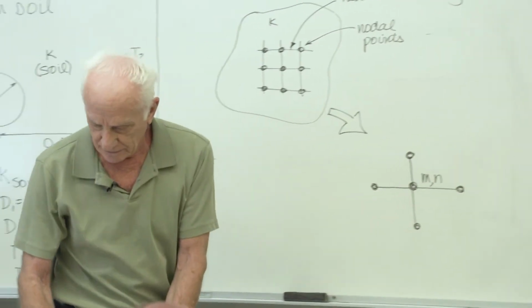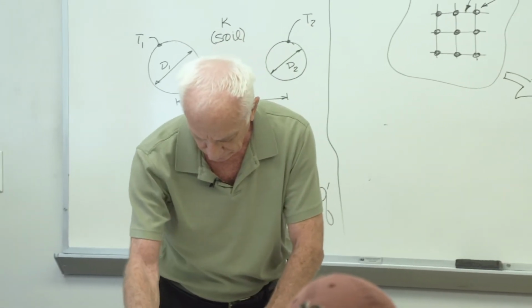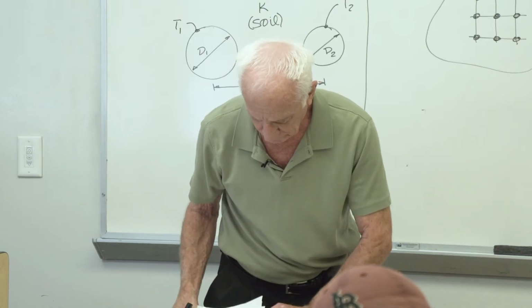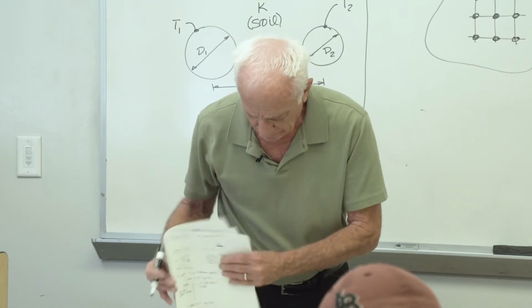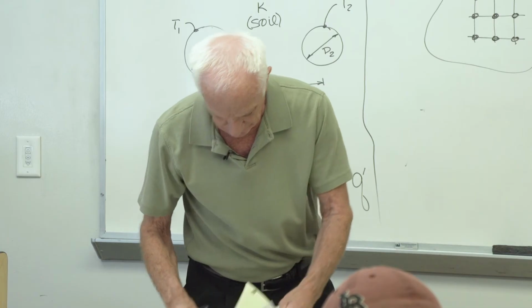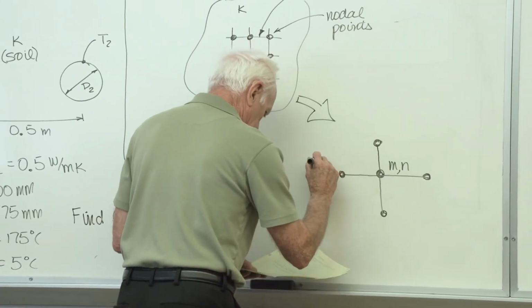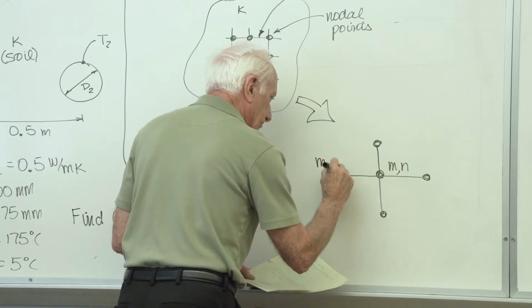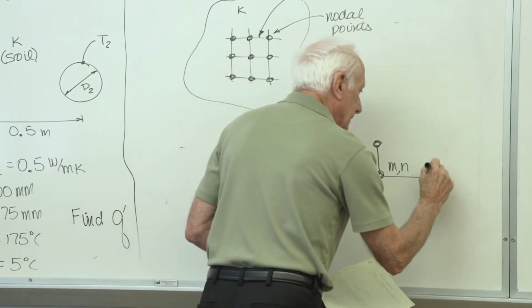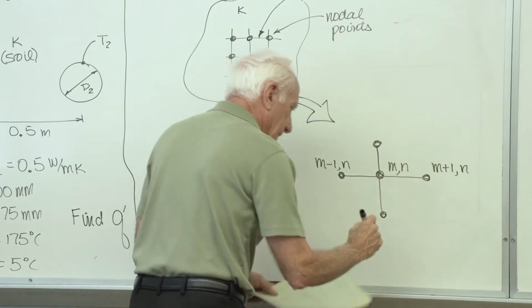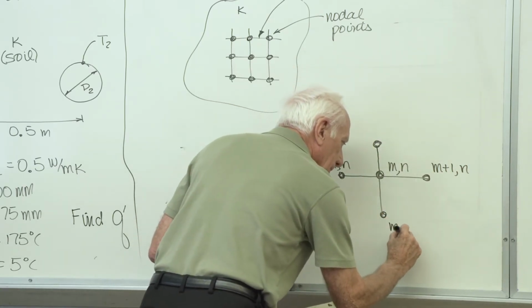So let's get the numbering system right on these guys. Okay, he's M minus 1, N. He's M plus 1, N. Mn minus 1.